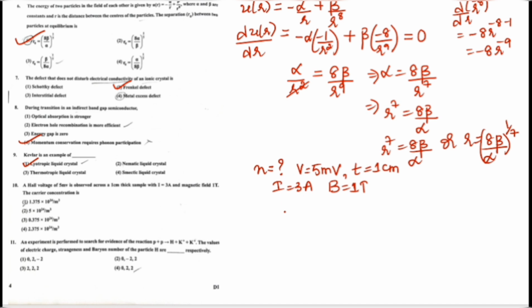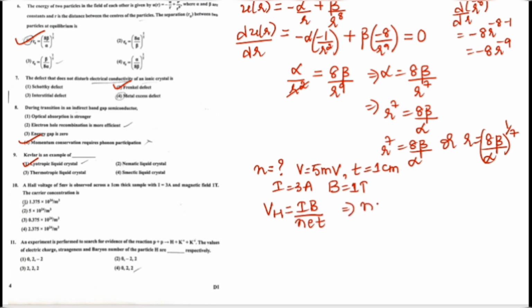From the definition of the Hall effect, the Hall voltage V_H is equal to IB divided by n e t. This is the formula, and the symbols have the usual meaning. From here, what is n?